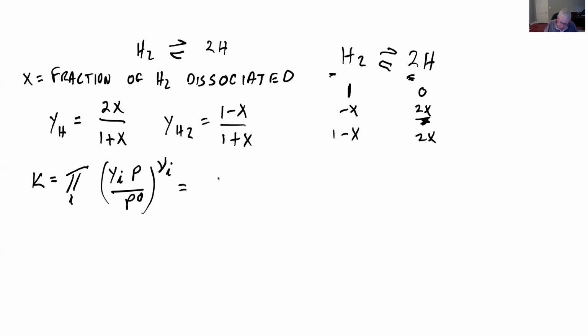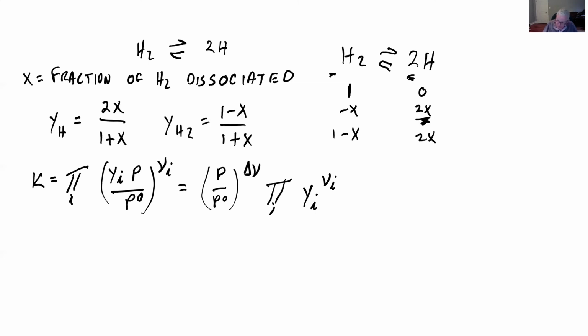That would give me then P over P naught to the delta nu, and then I just have the relationship here, which just leaves me with the y's, right?